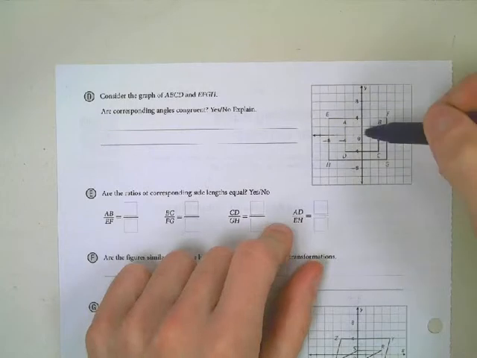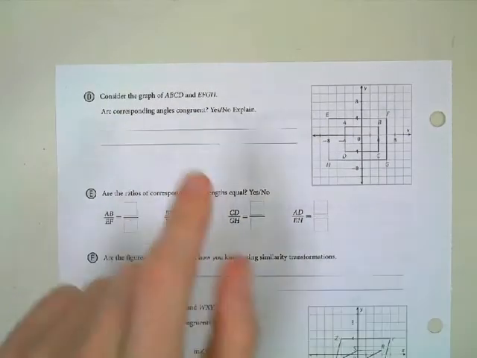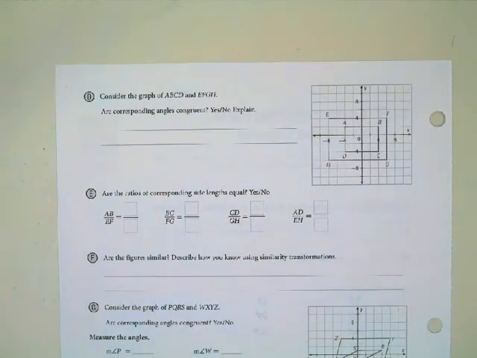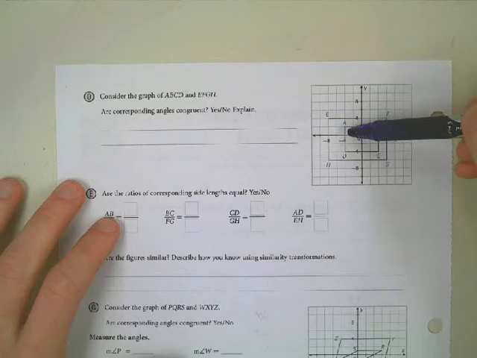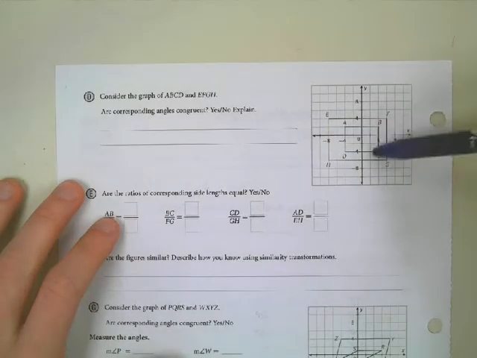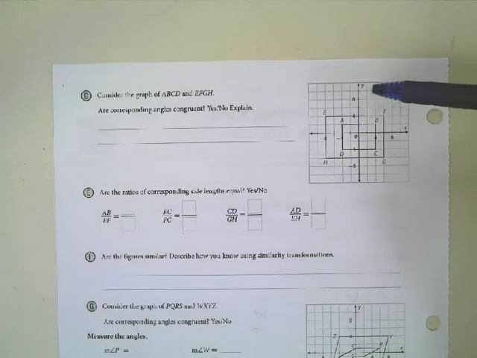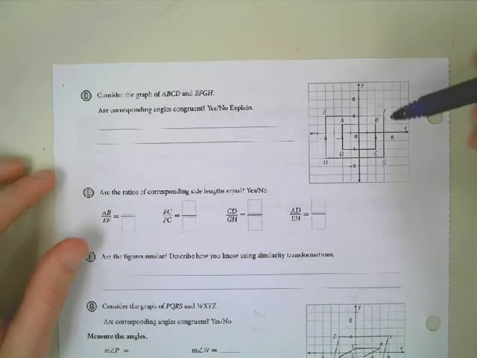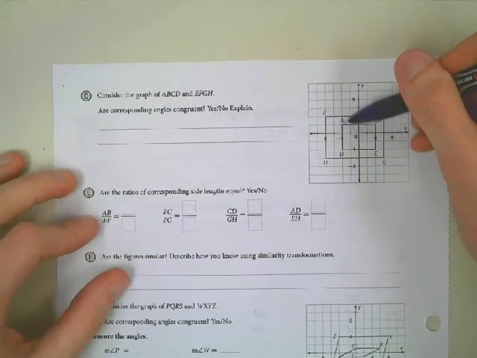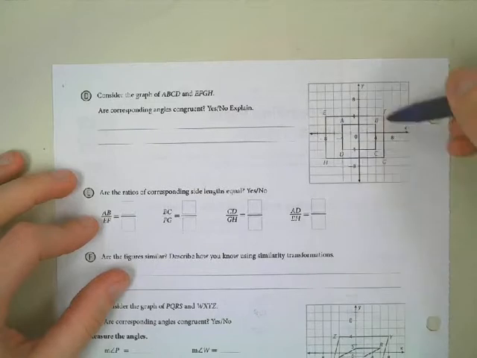I'm going to pick somebody here. So Derek, if you look at this shape right here, ABCD, and you look at EFGH, are corresponding angles congruent? Does it look like, for example, A here, what would that match up with in the bigger shape? And do they look like they're the same angle?